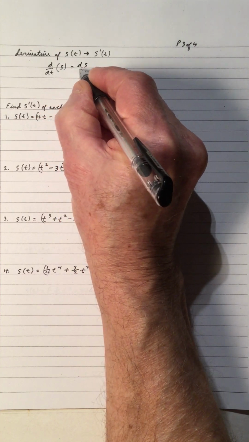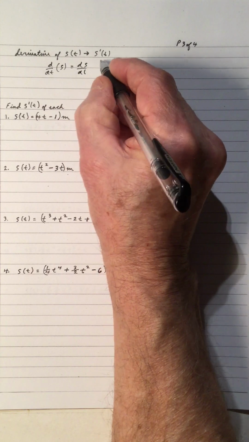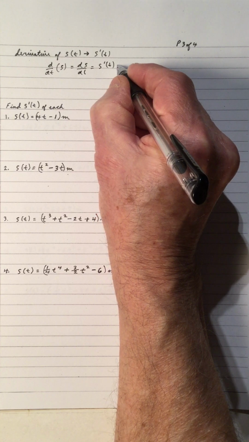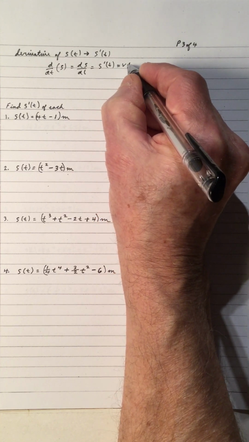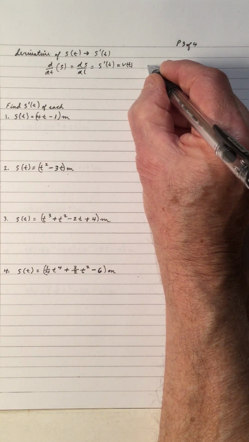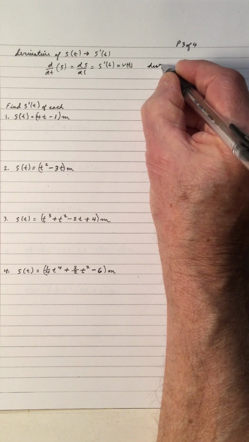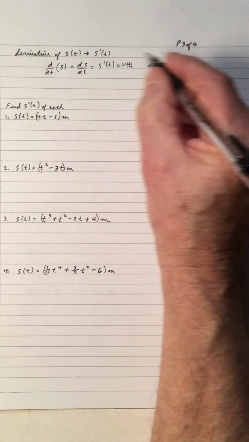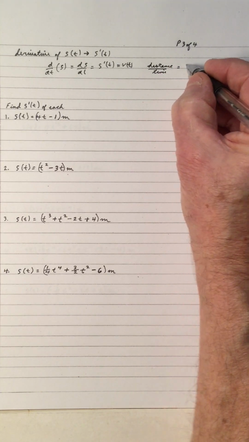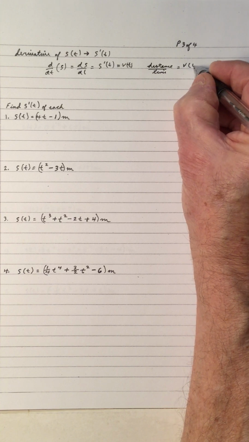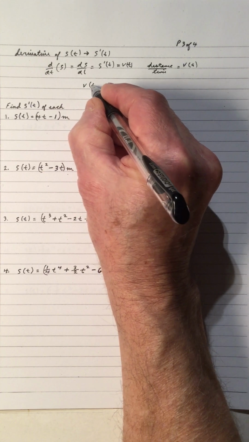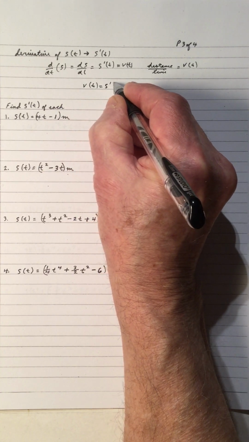That is denoted by a velocity, because s of t is a distance, so we're taking a derivative of the distance s in terms of time. That gives us velocity. Velocity is the distance divided by time. So again, the velocity v of t is s prime of t.